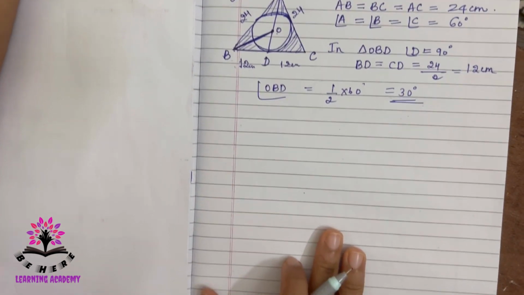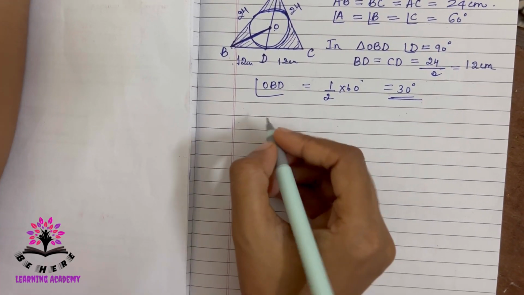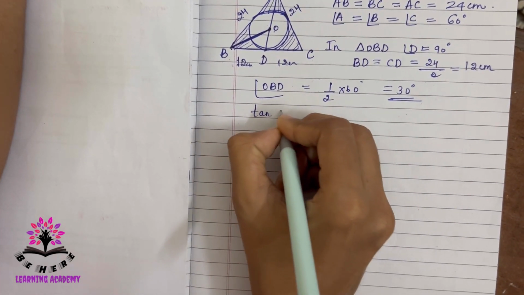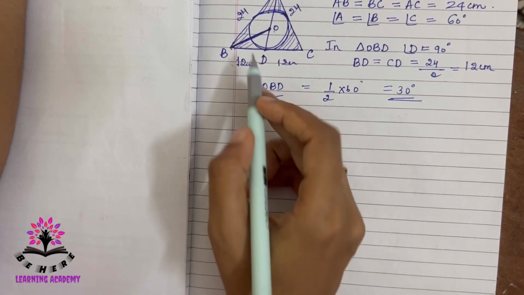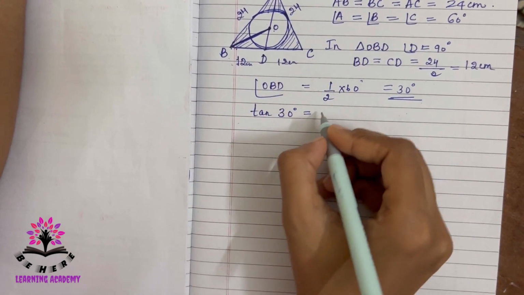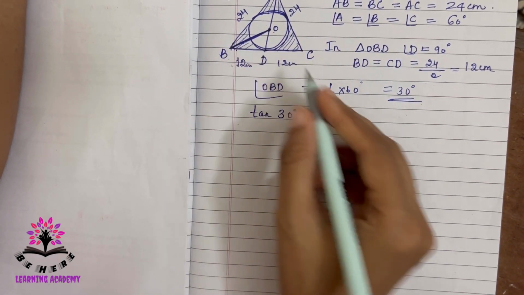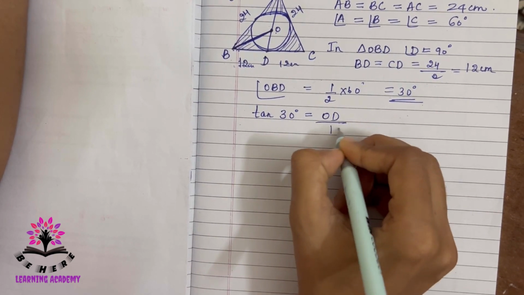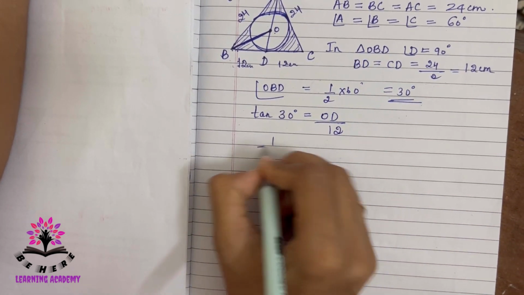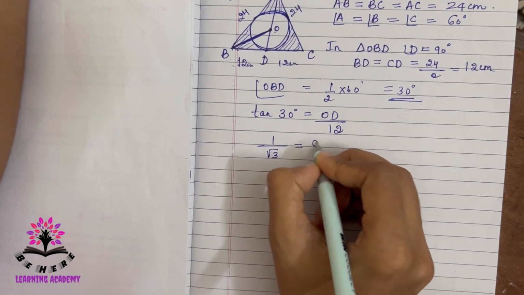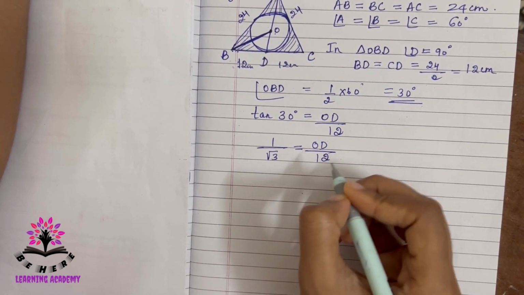Now here you have to apply the tan function to it. I can write it as tan 30 degree will be equal to, you know the tan formula, according to this figure, it will be OD by 12. Tan 30 value is 1 by root 3, that is equal to OD by 12.